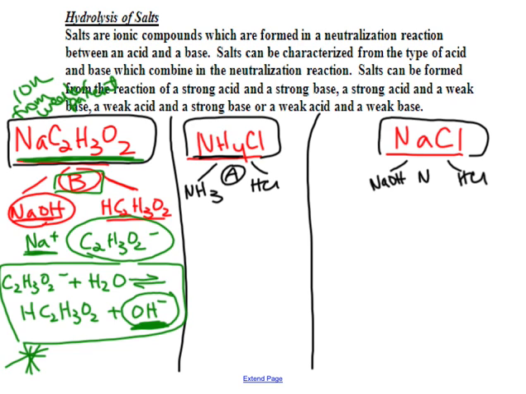Looking at that, what two ions do we have? NH4 plus and Cl minus. Which one comes from the weak parent? We're not looking at the parents. Which ion comes from the weak parent? NH4 plus. We're going to take that part of the salt, and it's going to undergo hydrolysis.